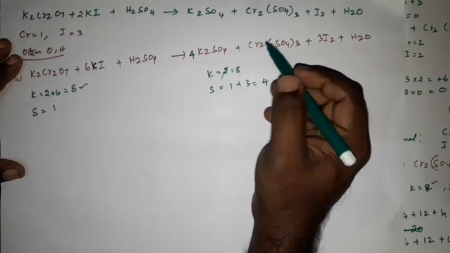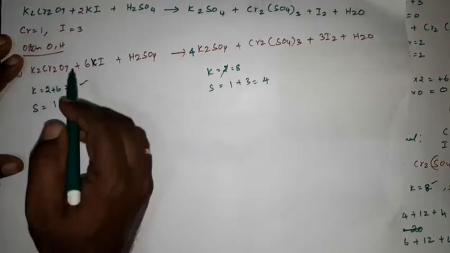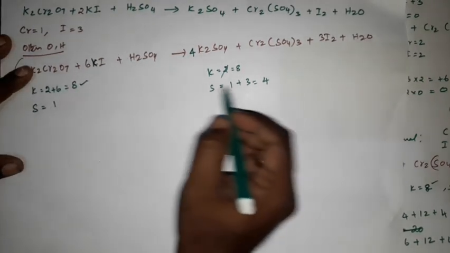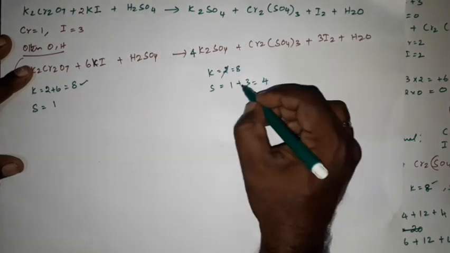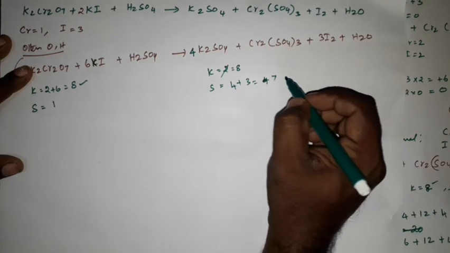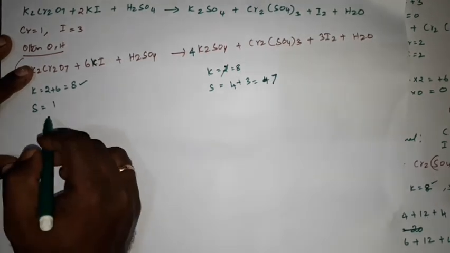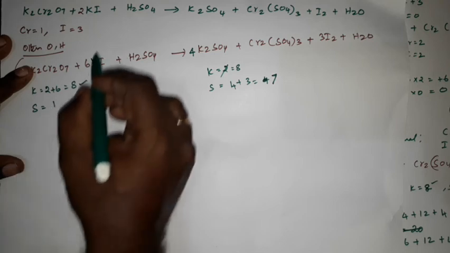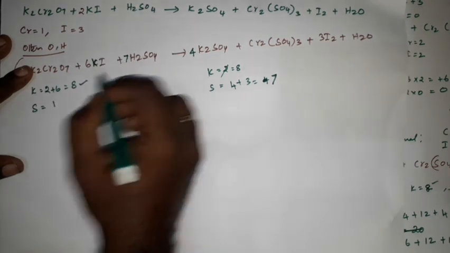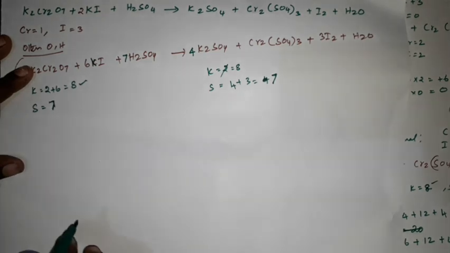Clear? So now come to the sulfur. Sulfur, that is here 1 sulfur, here 4 plus 3, total 7 sulfur. So this side we have to make 7 sulfur, so I am going to make 7 here, so it will become 7. So sulfur is balanced now. Clear?